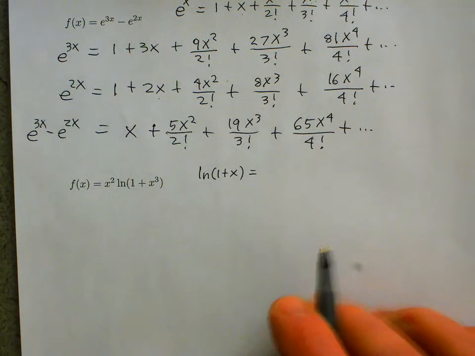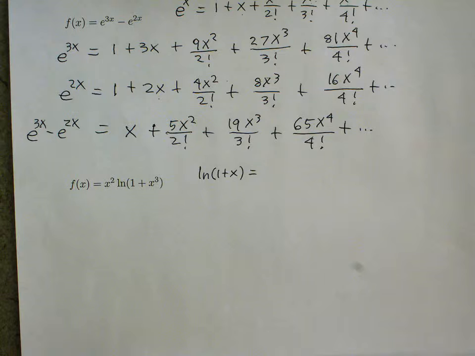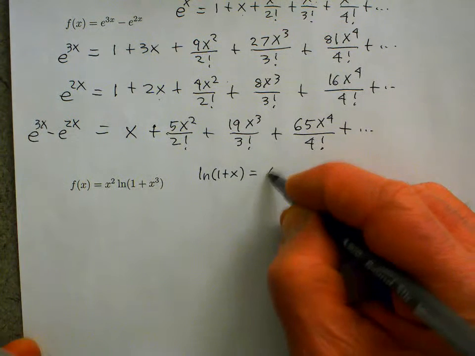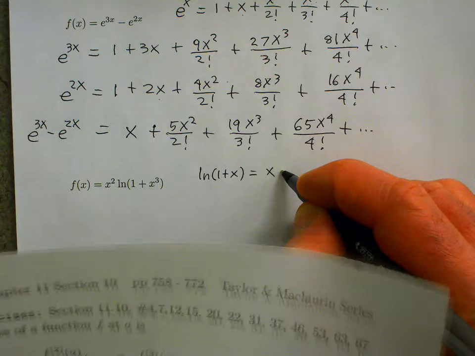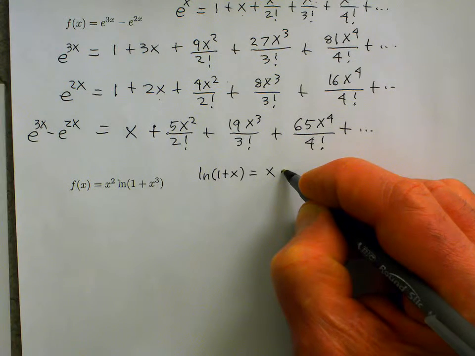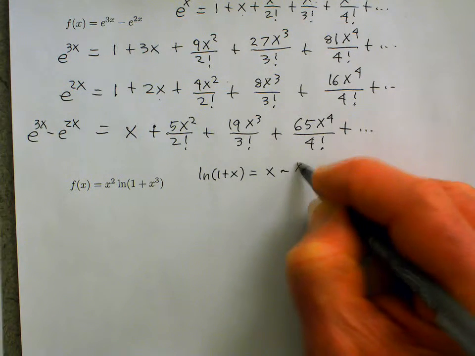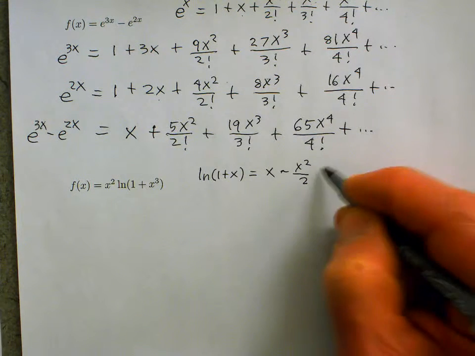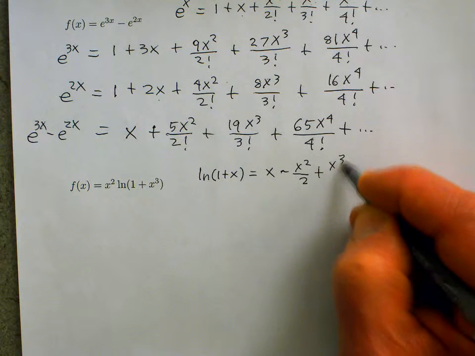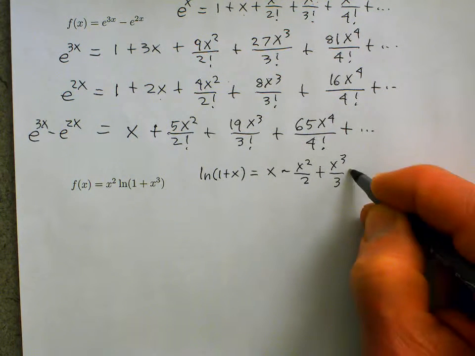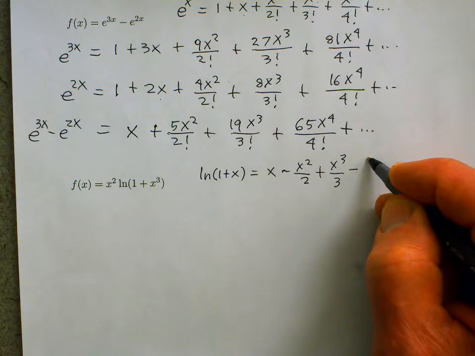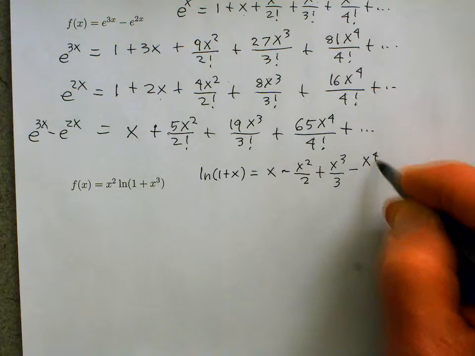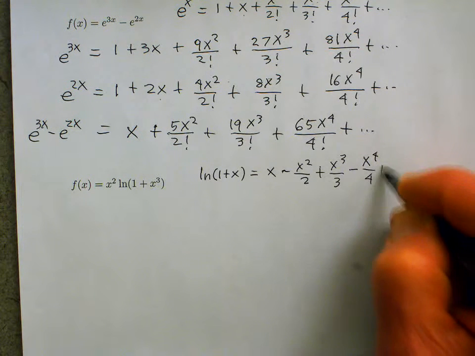So let's see, the natural log of 1 plus x. So that is x minus x to the second over 2 plus x to the third over 3 minus x to the fourth over 4 and so on.